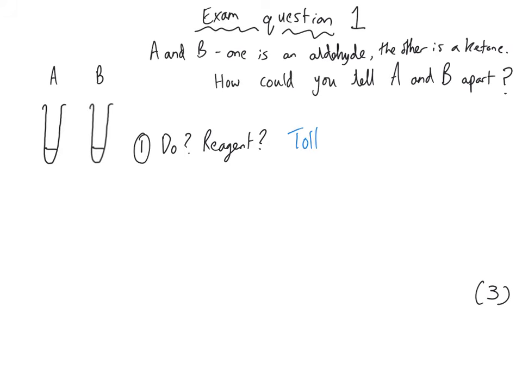You would need to say, I would use Tollens, or you could use Fehling's, but you would also warm it. So simply asking for the reagent is not appropriate here. So we'd need to say we'd need to have Tollens solution and we would warm it. And then you would follow up by saying, okay, the aldehyde would give a silver mirror.